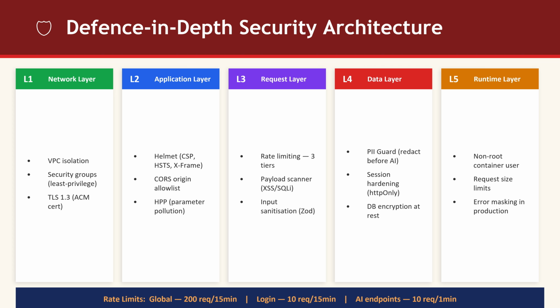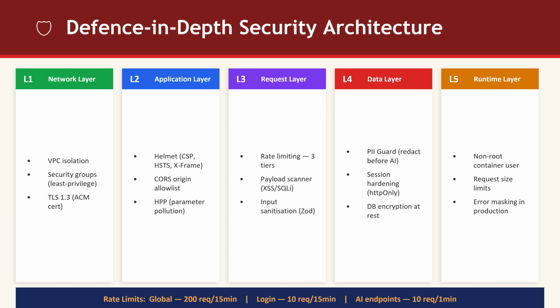So this is the slide for each layer: network layer, application layer, request layer, data layer, and runtime layer. L1, the network layer, is VPC isolation, security groups, TLS 1.3. The application layer uses Helmet, CSP, CORS allow list, HPP.